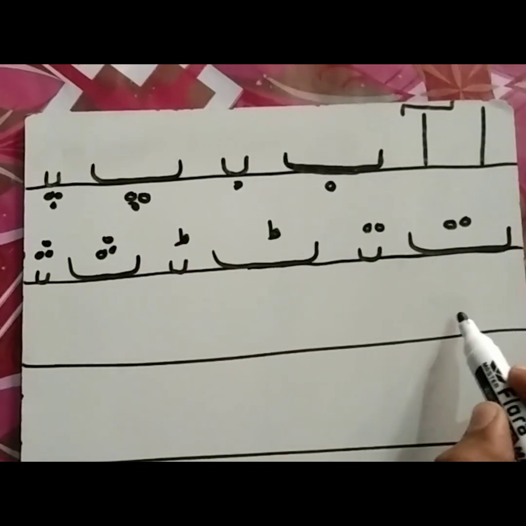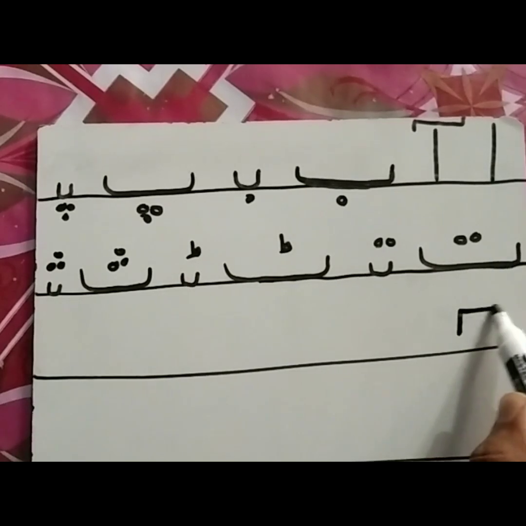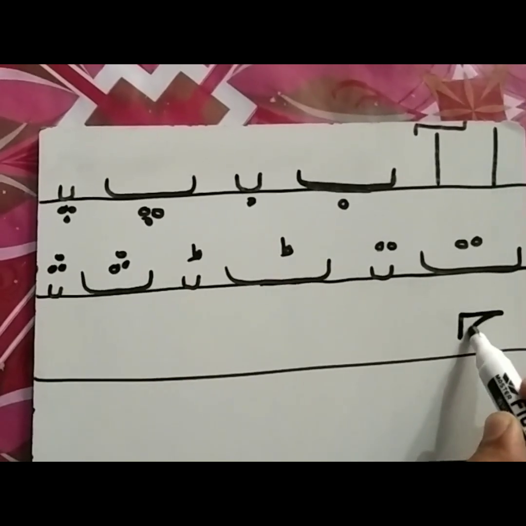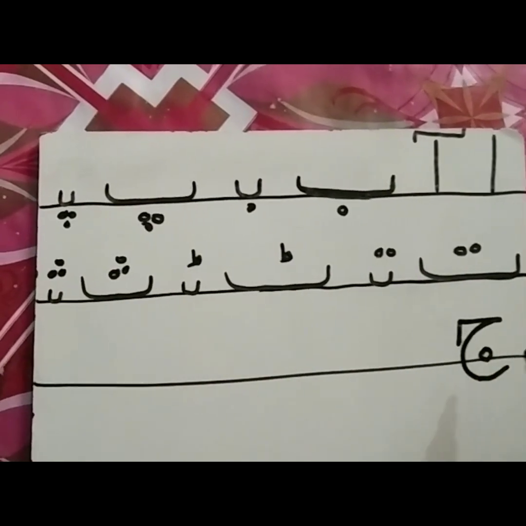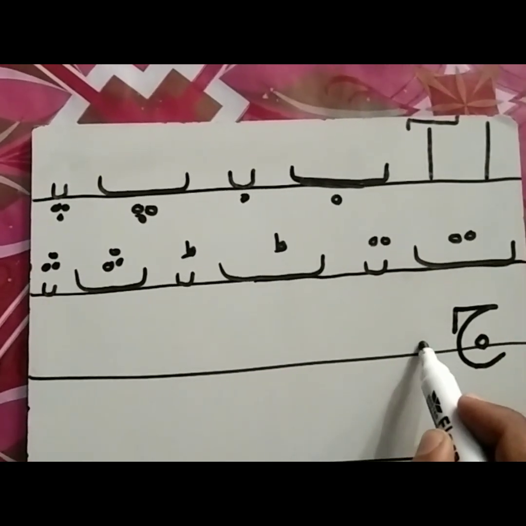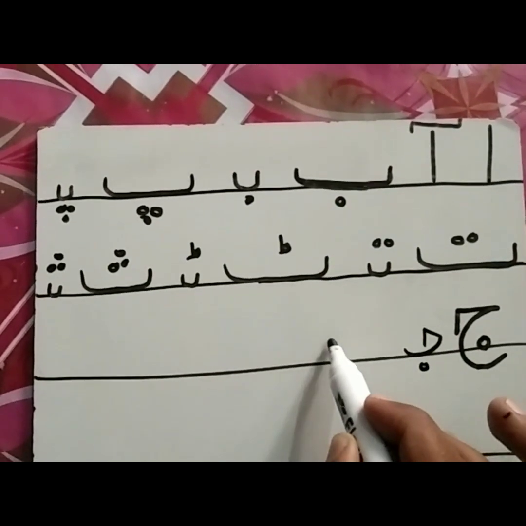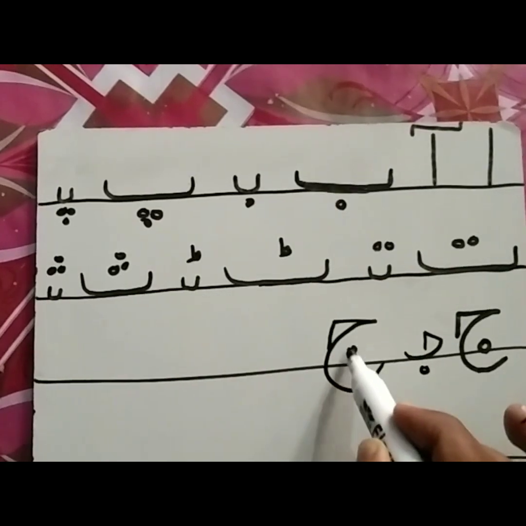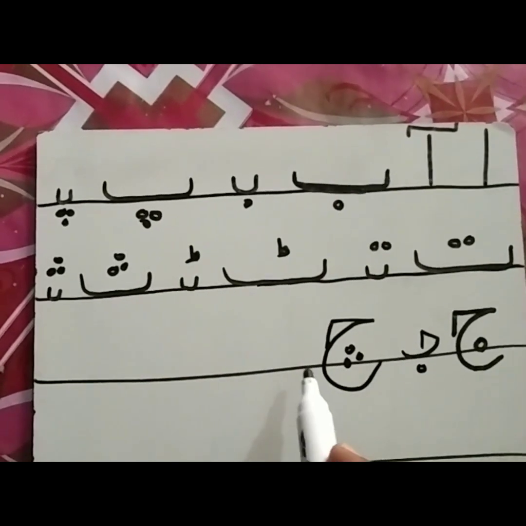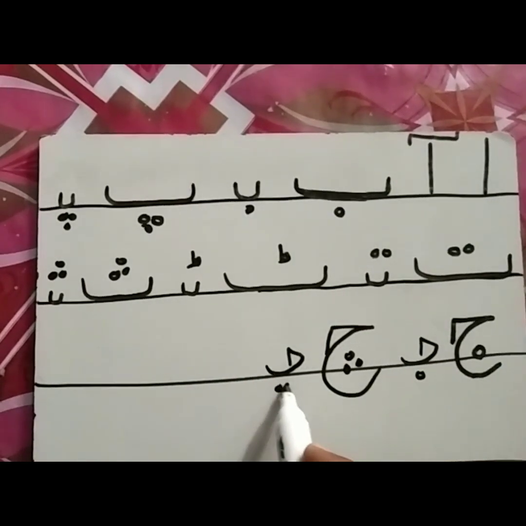The next letter is Jim. You have to write first the upper part, then go here and then make a half circle. Jim has one dot in the middle, and this is the half shape of Jim. Then Che, with three dots in the middle, and the half shape of Che like this.